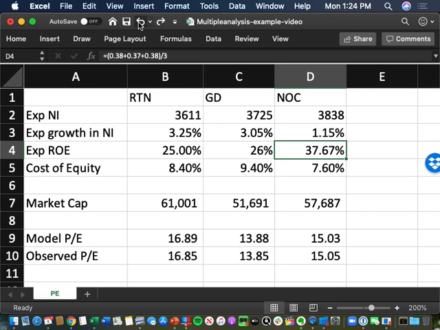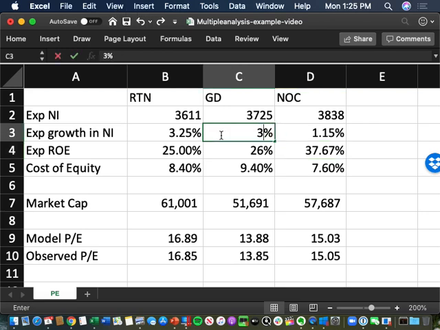Because they have the same spread of 16.6%. Raytheon's expected growth in net income is 3.23%, bigger than General Dynamics. All right, so he says it's because of the growth rate. If I made this 3.25, if he was right, these two numbers should be about the same.